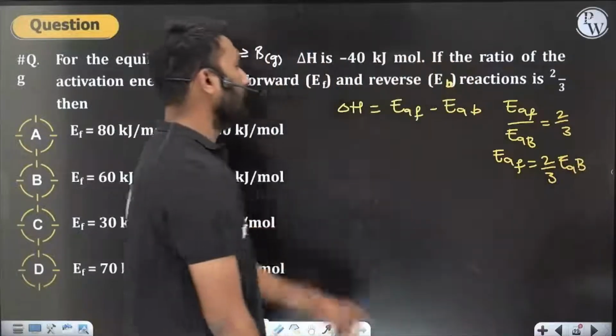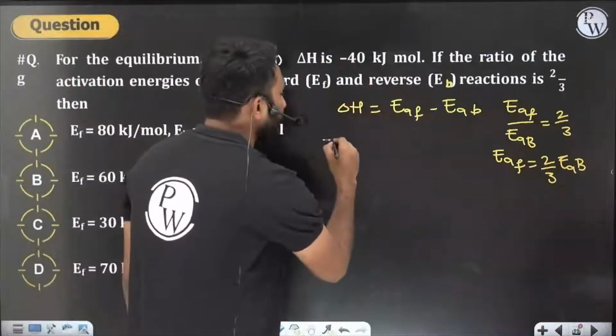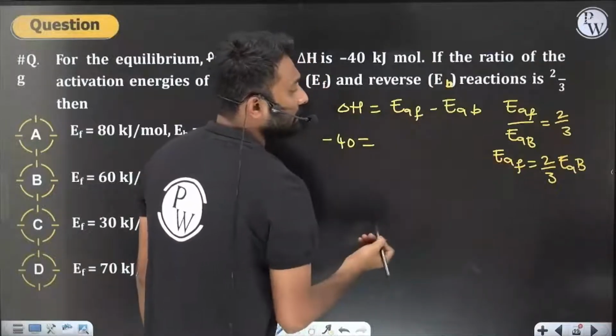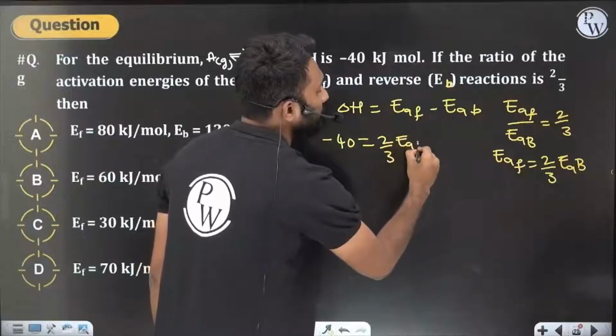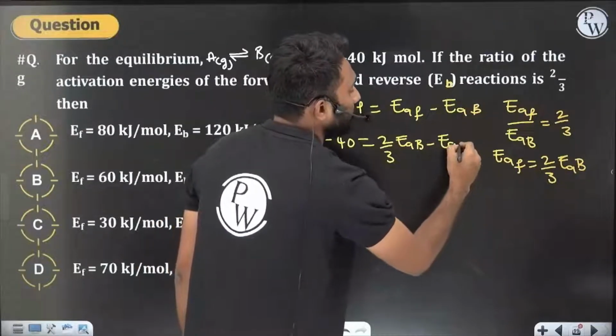Now substitute from here. How much delta H did they give? -40 is equal to activation energy of forward reaction, how much? 2/3 activation energy of backward minus activation energy of backward.